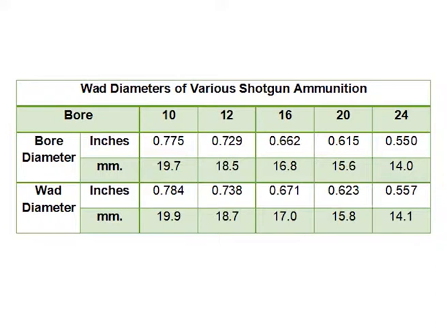For bore 20, the bore diameter is 0.615 inches and 15.6 millimeters, while the wad diameter is 0.623 inches and 15.8 millimeters. For bore 24, the bore diameter is 0.550 inches and 14.0 millimeters, while the wad diameter is 0.557 inches and 14.1 millimeters.